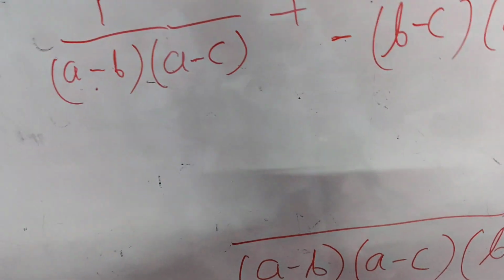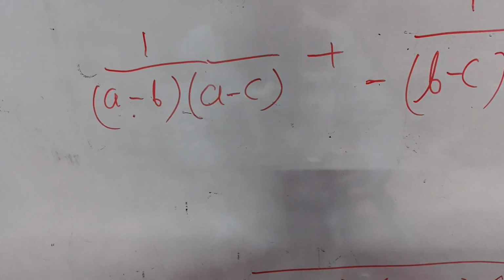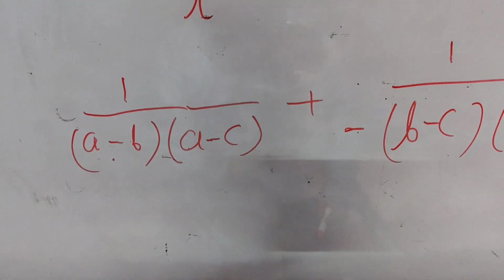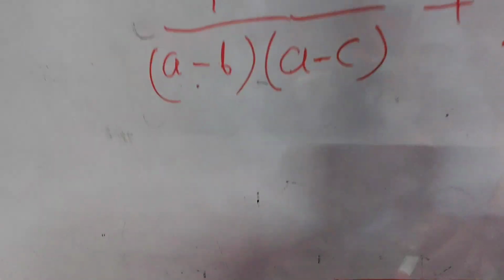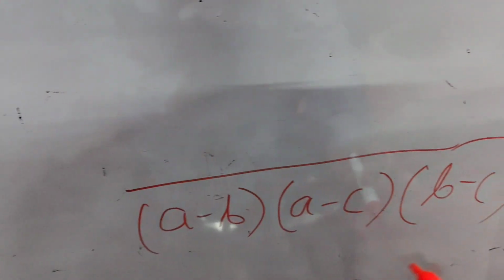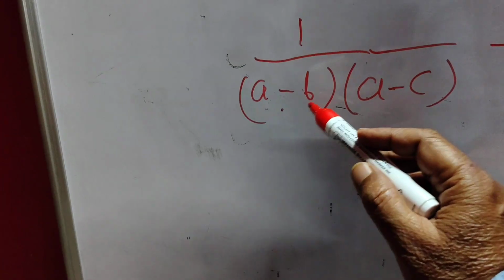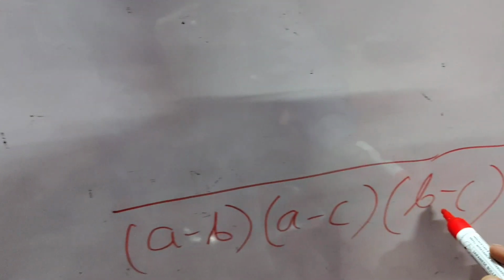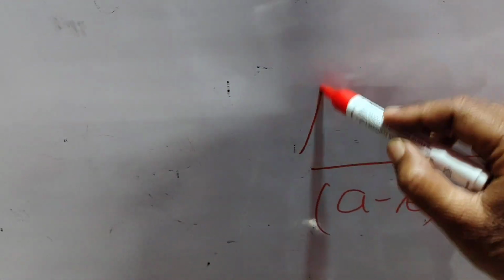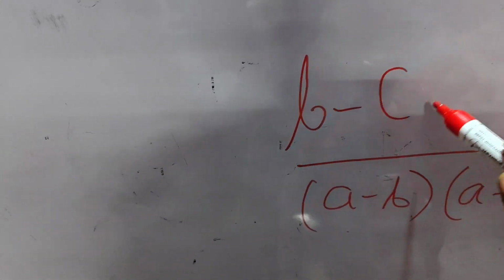Now since a minus b and a minus c are on the downside, if I divide this LCM by a minus b, a minus c, they will cancel. I'm left with b minus c. So I'm writing b minus c.